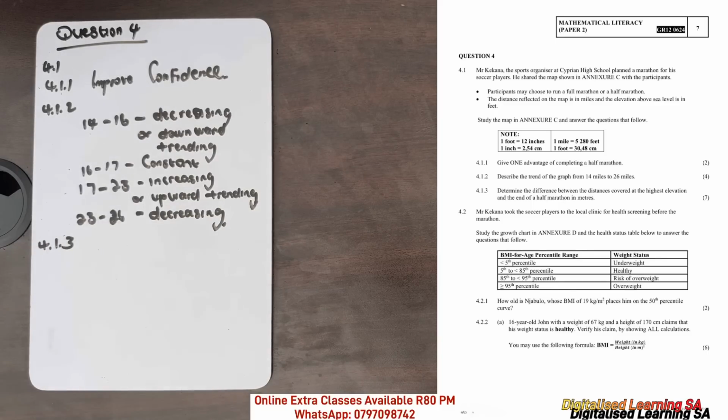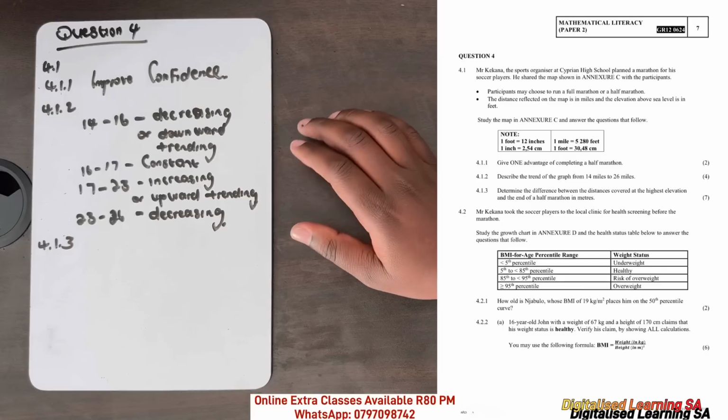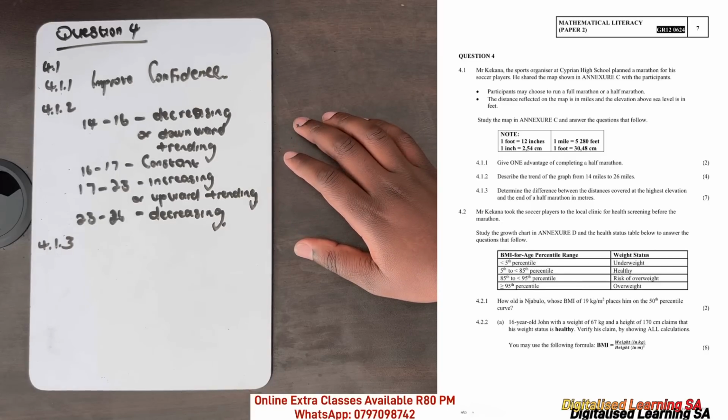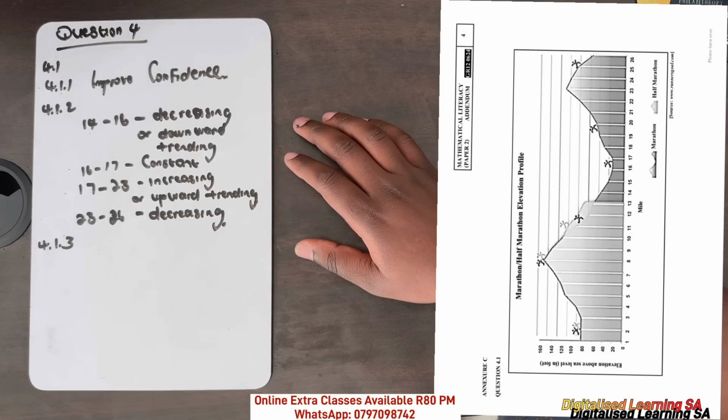4.1.3. So question 4.1.3 says determine the difference between the distance covered at the highest elevation and the end of a half marathon in meters. So the question is saying determine the difference between the distance covered at the highest elevation.